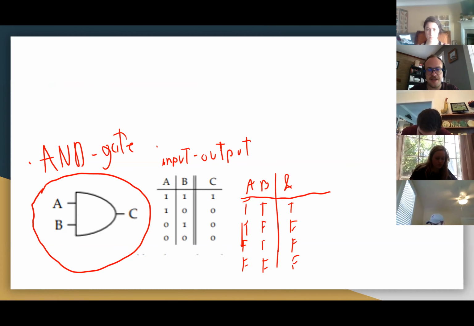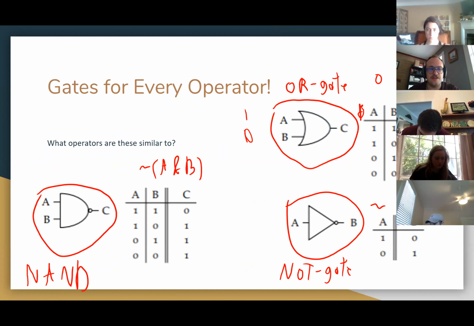So there's the AND gate, which is analogous to the truth functioning of the conjunction connective, the NAND gate, which is not analogous to any single connective in TFL, but is analogous to the negated conjunction, or the Sheffer stroke. The NOT gate, which is analogous to the negation, and then the OR gate, which is analogous to the disjunction.